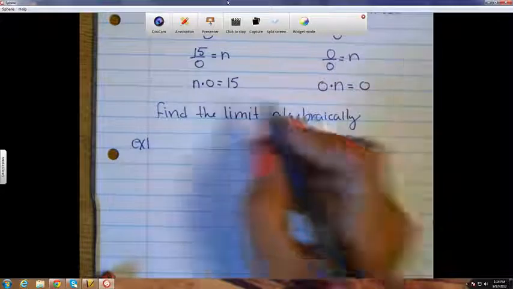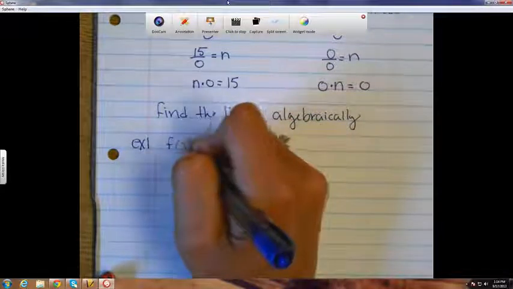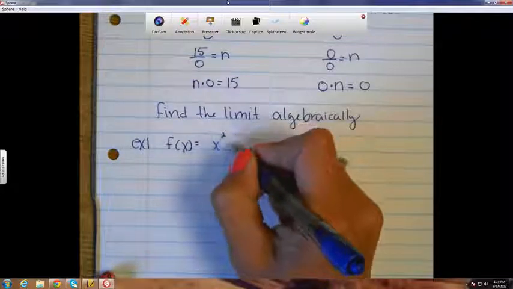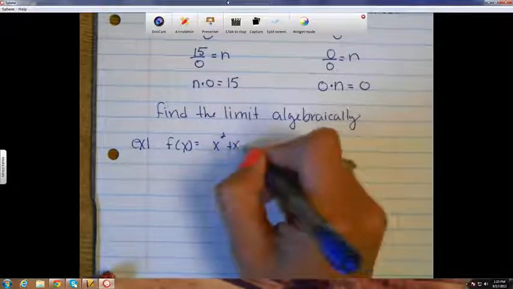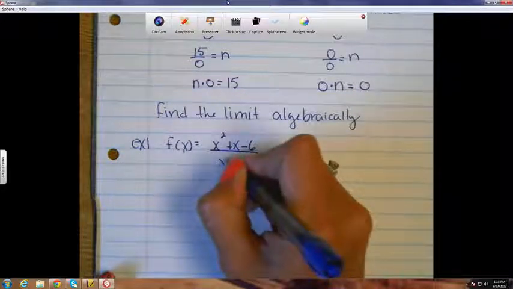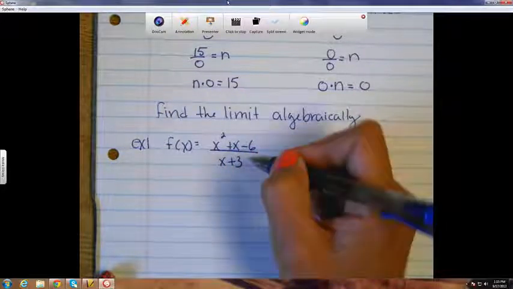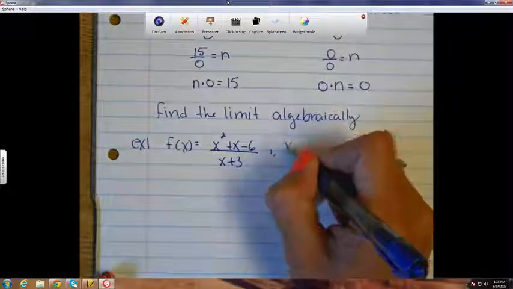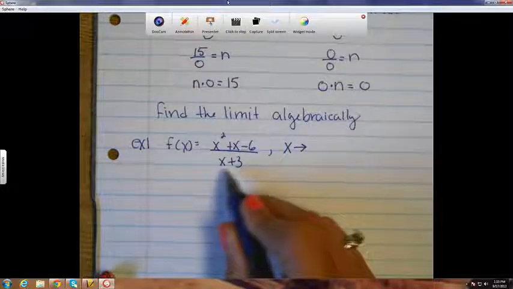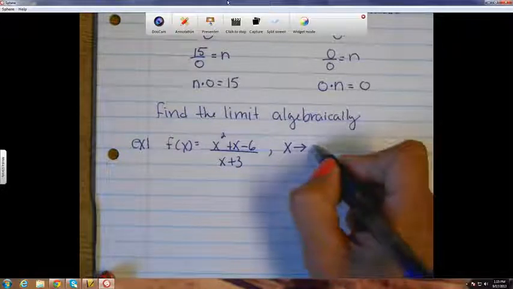We've got f of x equals x squared plus x minus 6, divided by x plus 3. And we are going to find the limit as x approaches, and if you look down here, you know what's coming at you, negative 3.